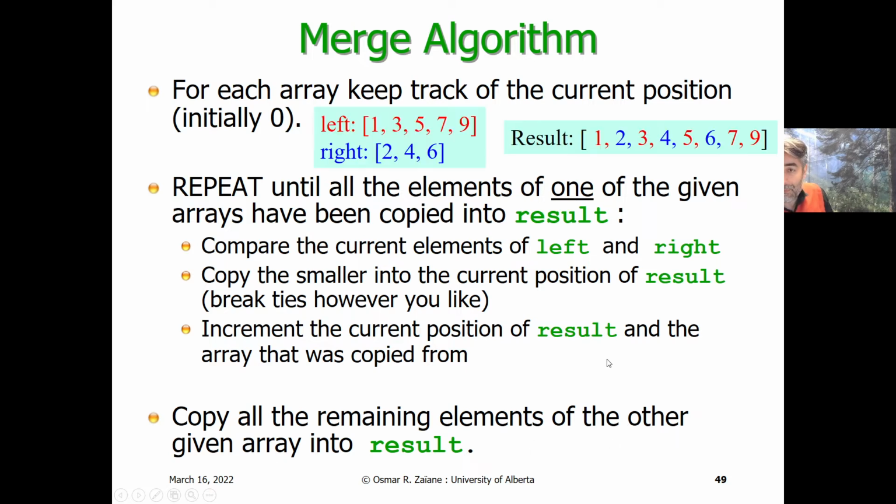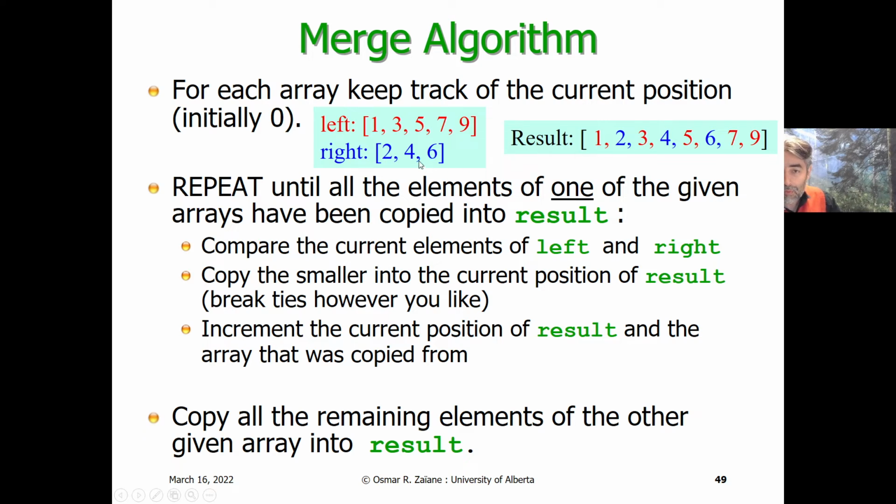For example, if I have in left 1, 3, 5, 7, 9, and in right I have 2, 4, 6, well, I'll compare 1 and 2. 1 is smaller, I'll put 1 here in the result, and then 2 and 3, well, 2 I'll put it here, and I move forward into 4. 4 and 3, well, 3 is smaller, and I move forward here, so 5 and 4, well, 4 is smaller, and then I move forward. 6 and 5, well, 5 is smaller, and then, well, move forward here. 7 and 6, 6 was smaller.